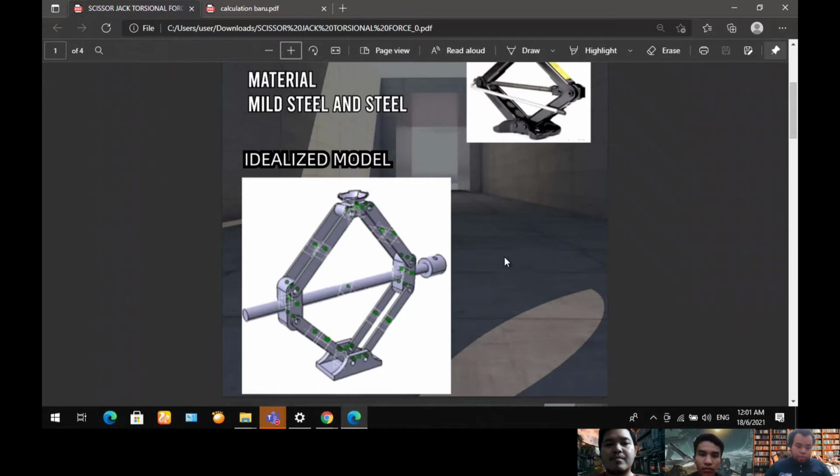The idealized model was drawn using the CATIA V5 system. As we can see, the drawing is like the actual structure of the product that we are going to describe in the calculation and questions that follow.